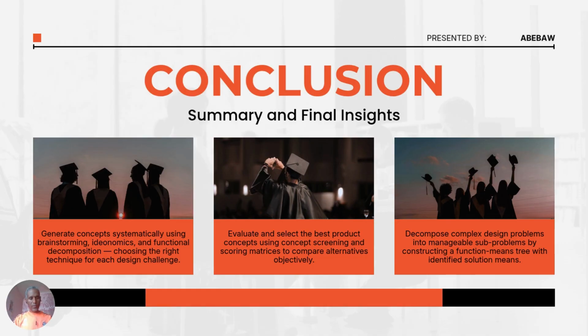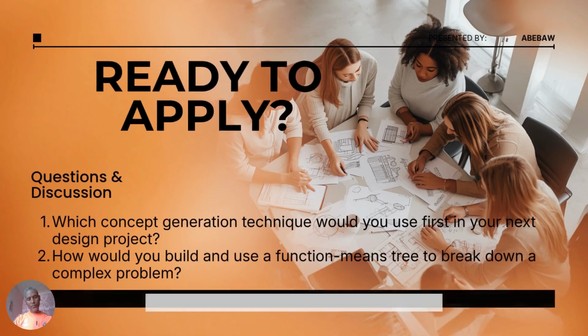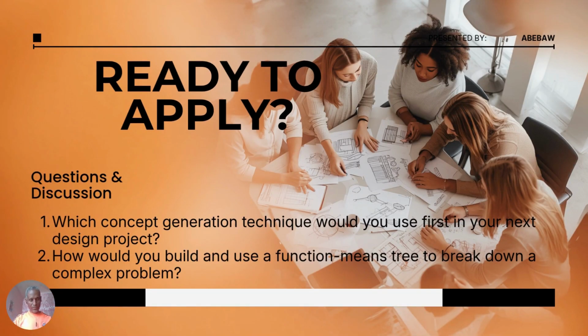The other one, after generating, you should evaluate and select the best product concept using concept screening as well as scoring mechanisms by comparing alternative objectives. The last one, decompose a complex design problem into manageable sub-problems by constructing a function means tree with identified solution means. So there are means and functions. So, ready to apply? Let us see.